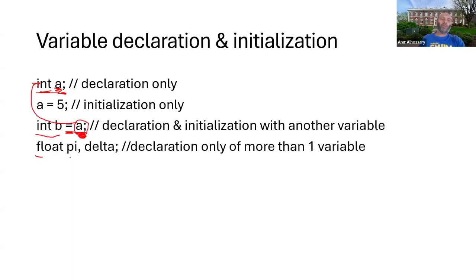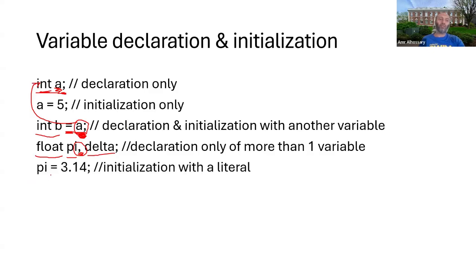Float pi and delta is a declaration of two variables in the same line using the comma. This is declaration only. Now initialization of pi: this time we initialize with a numerical literal, 3.14. Here pi is initialized with a literal. Here a is initialized with a literal as well, but this literal is floating point. Here b is initialized with another variable.